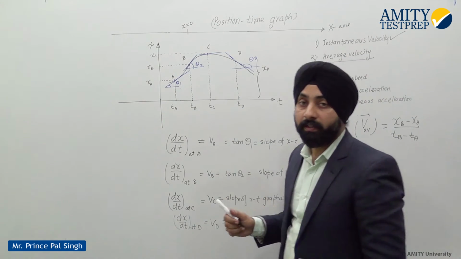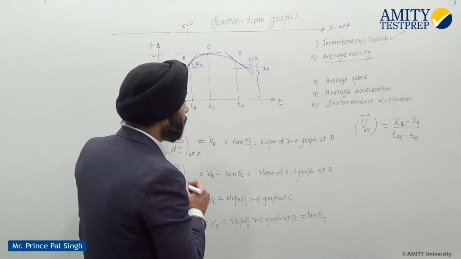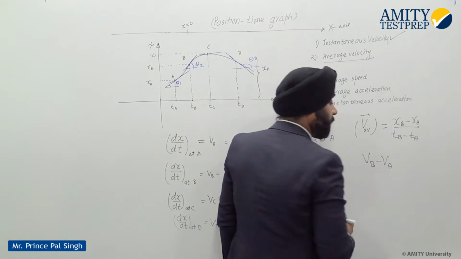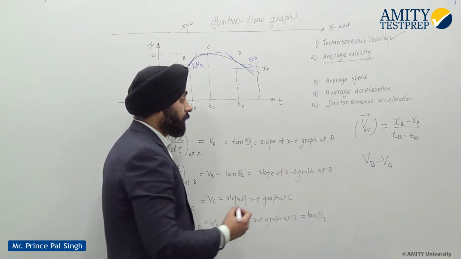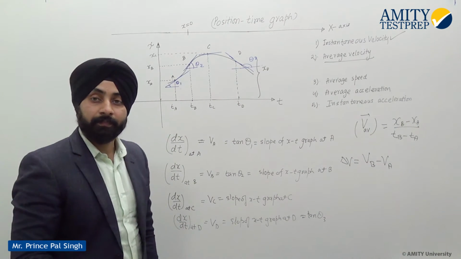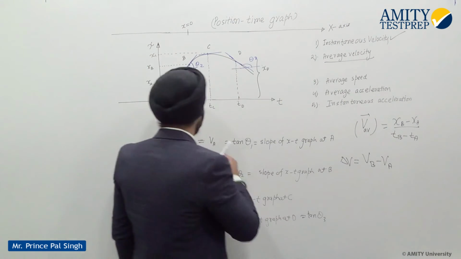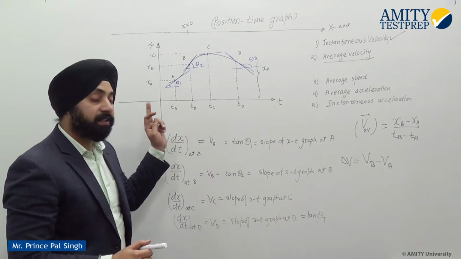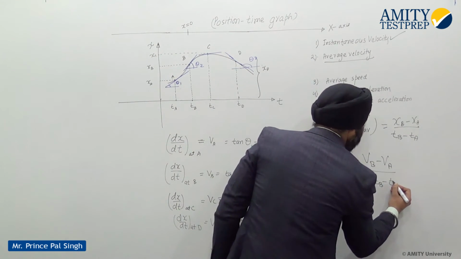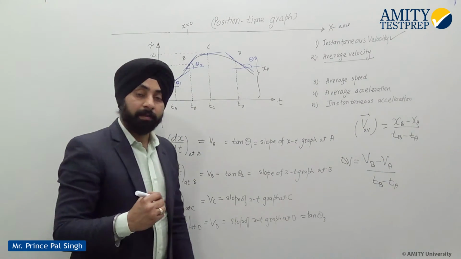So the change in velocity when the particle moves from point A to point B is VB minus VA. You can write this as delta V, which represents the change in velocity. If you divide it by the time interval, that is, the time taken from A to B, which is TB minus TA, this gives you the average acceleration of the particle.